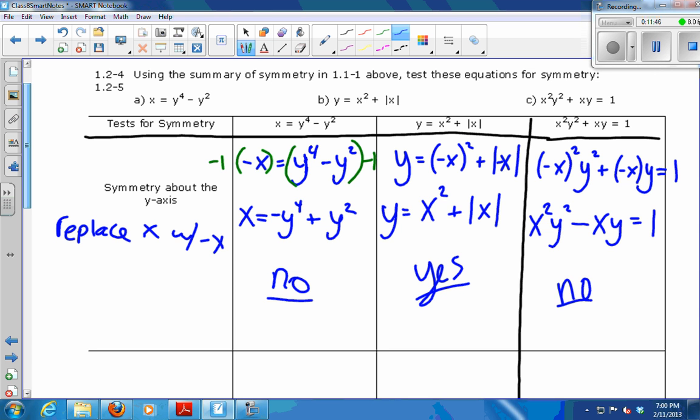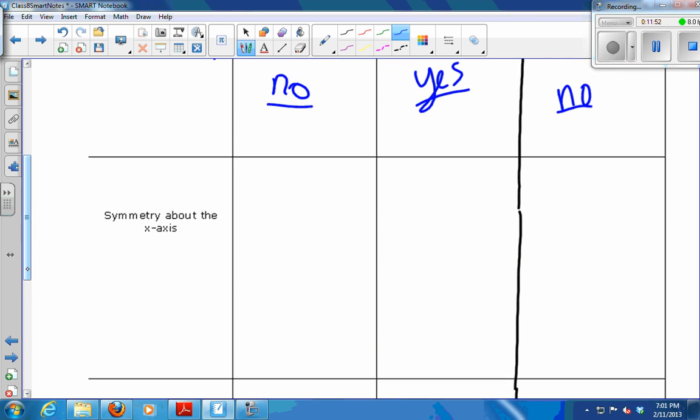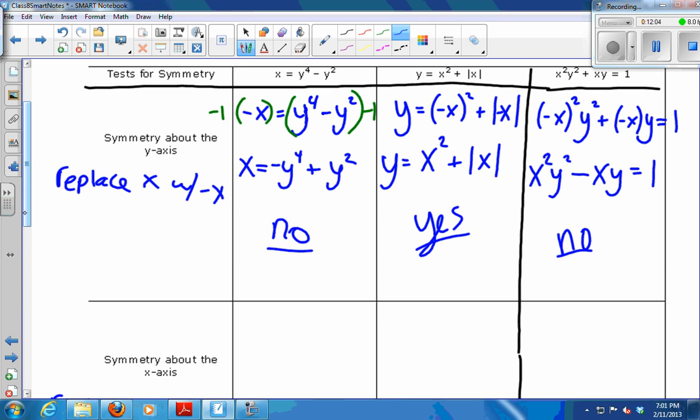So that should make the process a little bit clearer, I hope. So when you do the x-axis tests, remember you replace y with negative y. So see which one of these has x-axis symmetry.